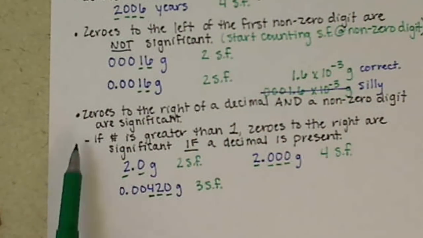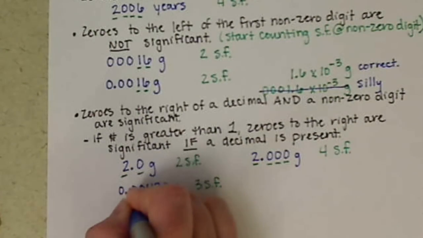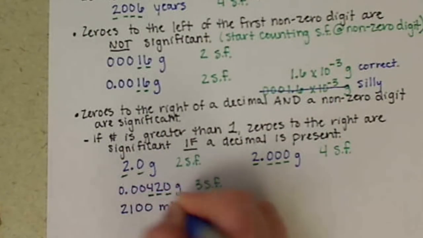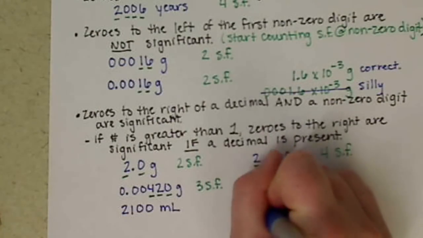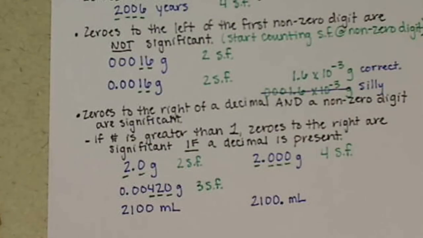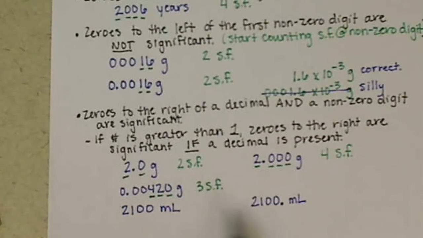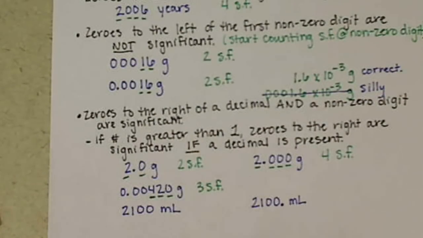This second bullet point: if we wrote this value, we had 2100 milliliters versus 2100 decimal milliliters. To an average person who doesn't know about sig figs, doesn't work scientifically, you would say these are the same numbers. To a scientist, these are 2 completely different numbers.